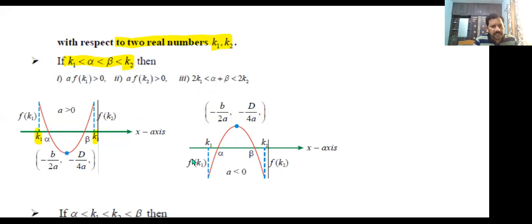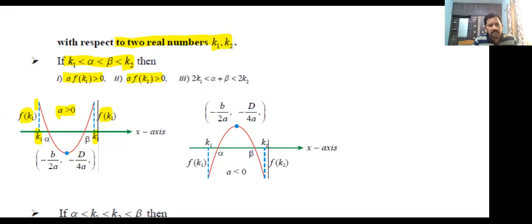In this case, observe that a is greater than 0, and here f of k1 is positive, f of k2 is also positive. A, f of k1, f of k2, all the terms are positive, so their product is also positive.